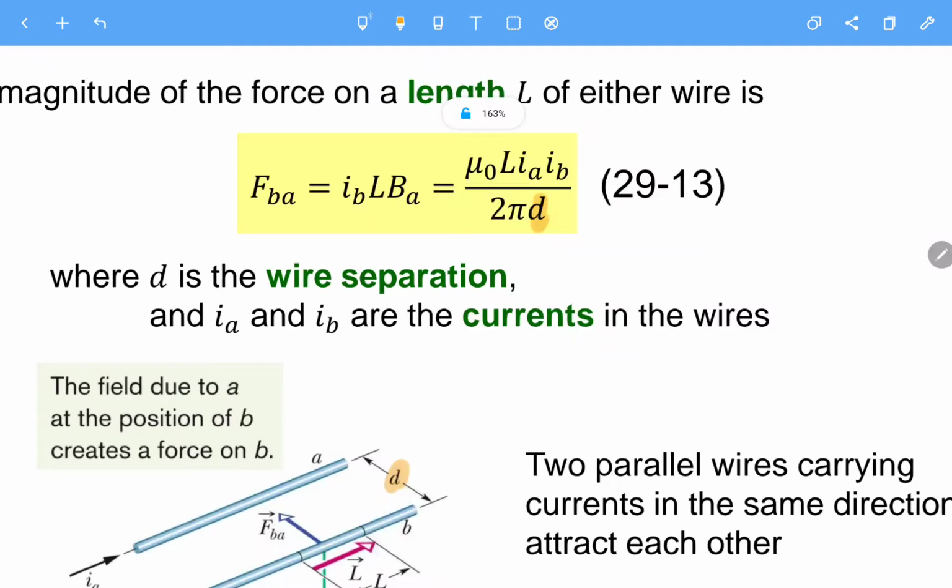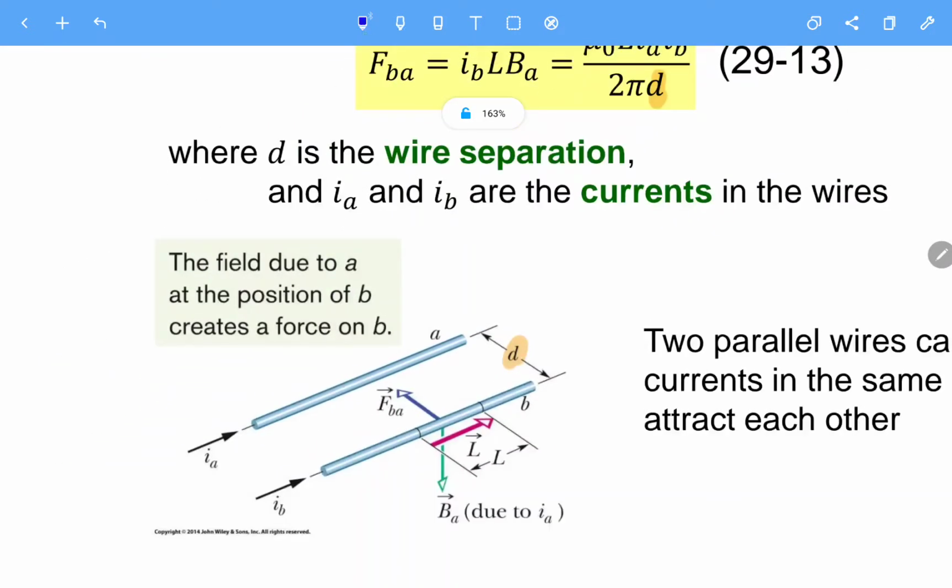For example, let's consider this wire first. For this wire, if IA is going from slightly left to the right, like this, so this is IA.